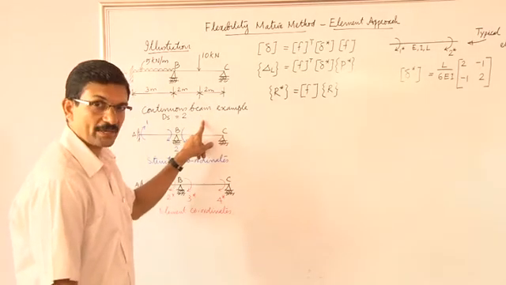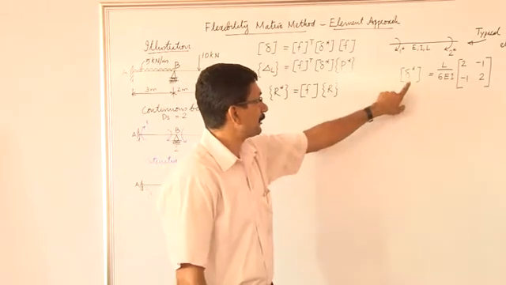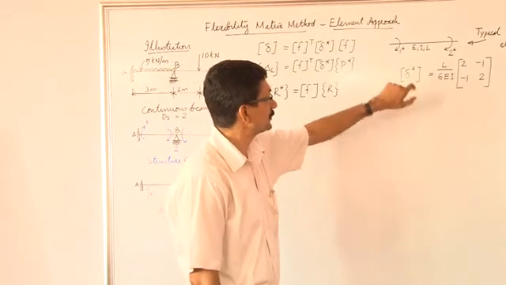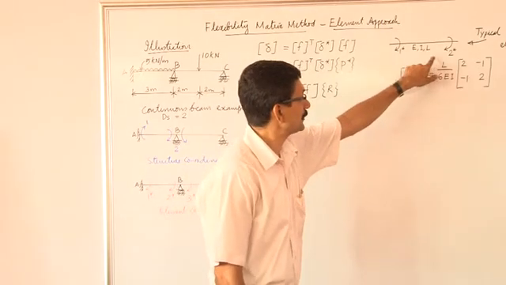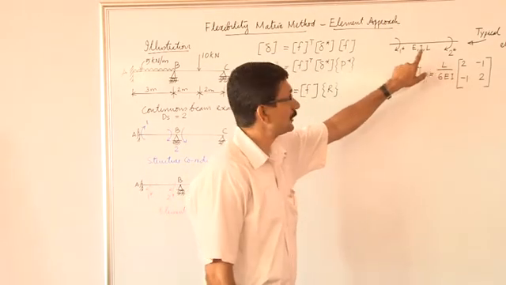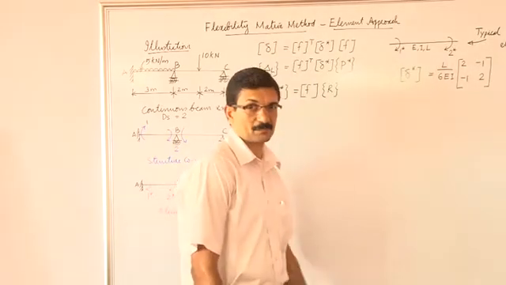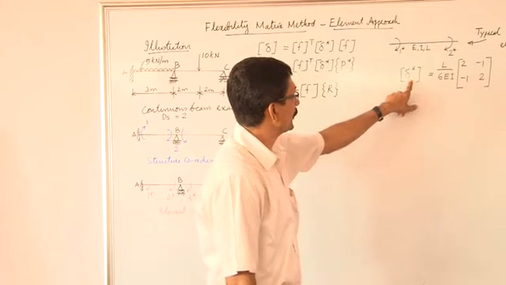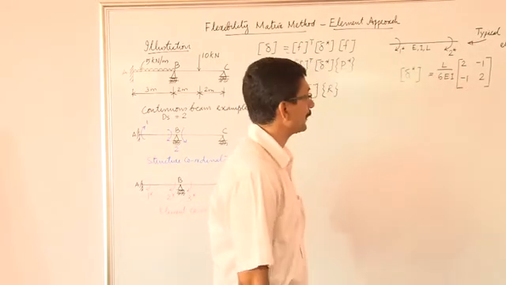Before going to that, let us again recollect the element flexibility matrix of a typical beam element. This is a typical beam element having coordinates 1 star and 2 star, which represent the moment at this end and the moment at the other end. The displacements corresponding to these two coordinates are the components of this matrix.